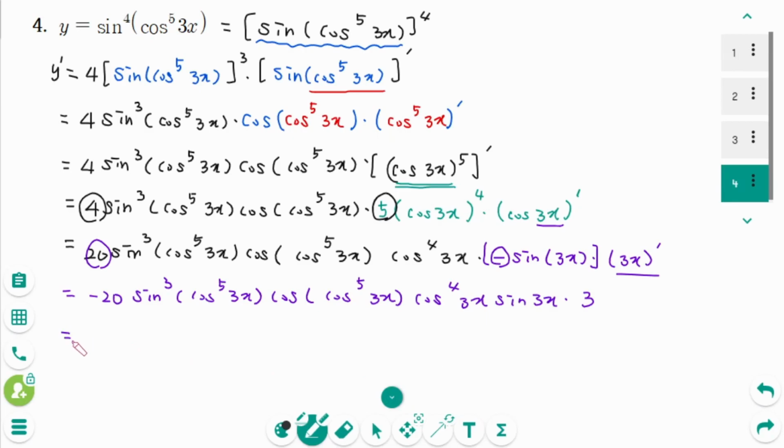The final answer is minus 60 sine cubed cosine to the power of 5 3x cosine of cosine to the power of 5 of 3x cosine to the power of 4 of 3x, then sine 3x.